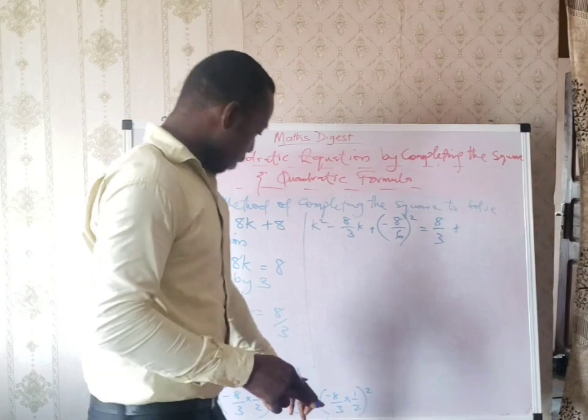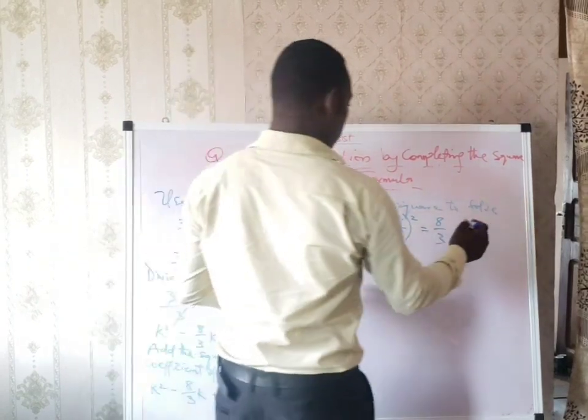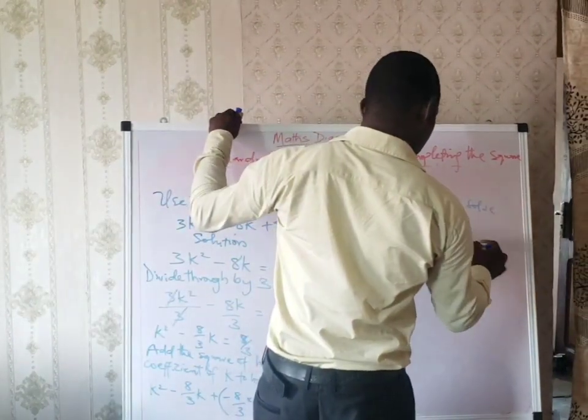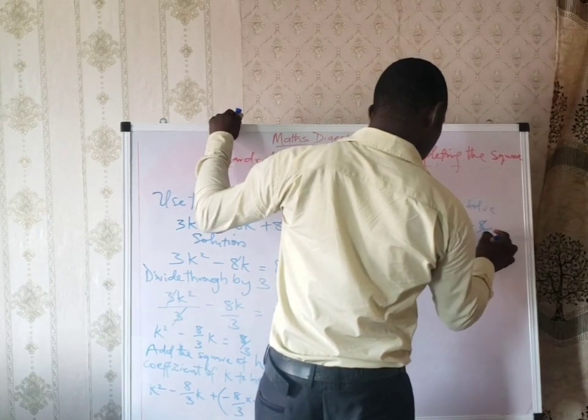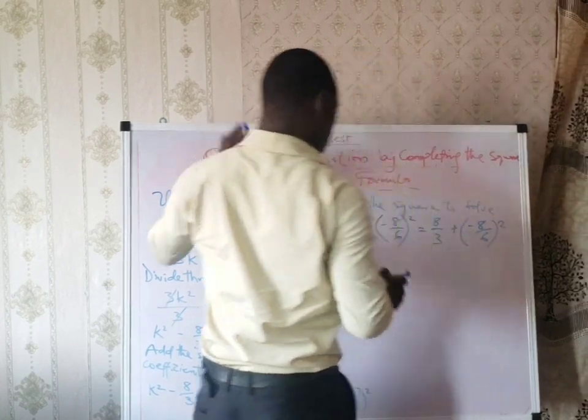Okay, so this equally will still give us the same thing here. So we have minus 8 over 6 raised to power 2.